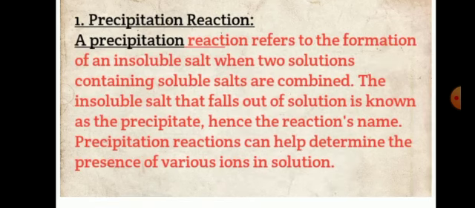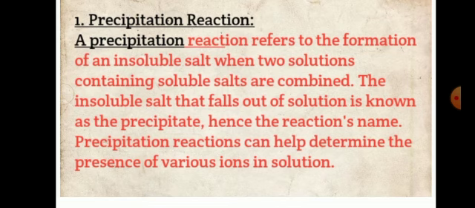Now let us see what is your precipitation reaction. From the word precipitation itself, you can understand that there should be a precipitate. A precipitate is a solid, insoluble substance. Fine. So let me tell you the definition of precipitation reaction.